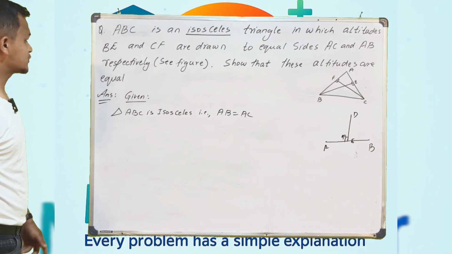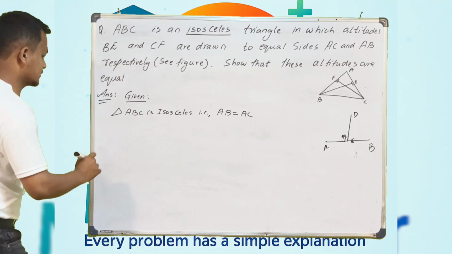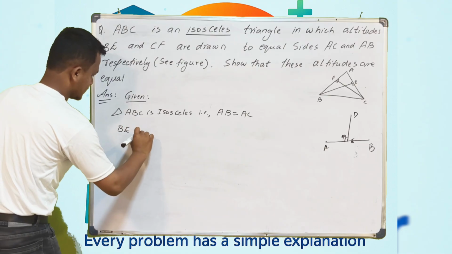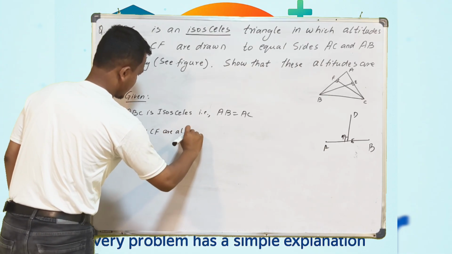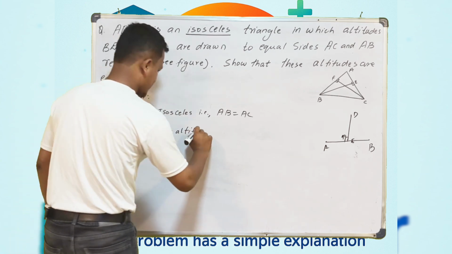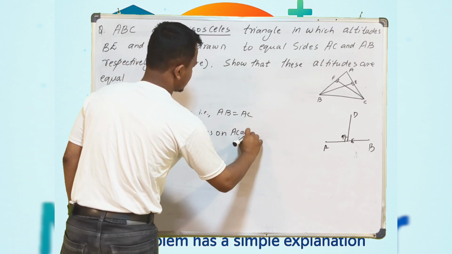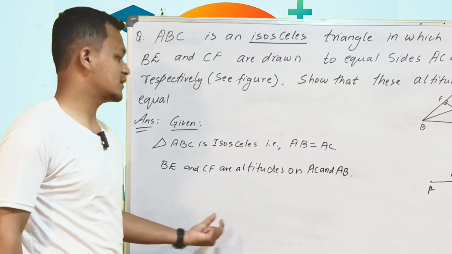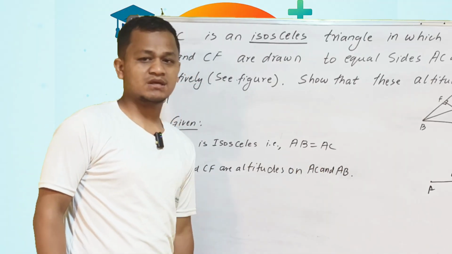And also BE and CF are altitudes on AC and AB. That is, BE makes 90 degrees with AC, CF makes 90 degrees with AB.